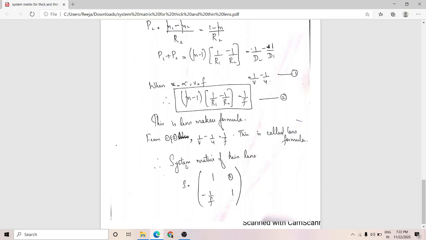So this is the system matrix for a thin lens. So we have written the system matrix for a thin lens in two forms, as 1, 0, minus of P1 plus P2 and 1, and we have also written it as S is equal to 1, 0, minus 1 by f and 1. And in the process, we have derived the lens maker's formula too.